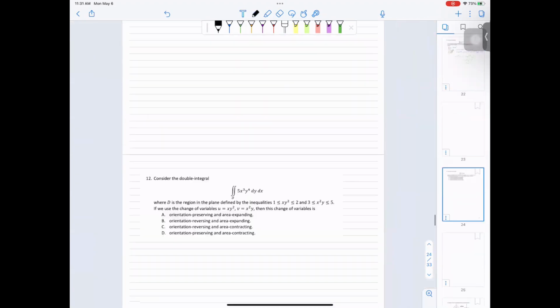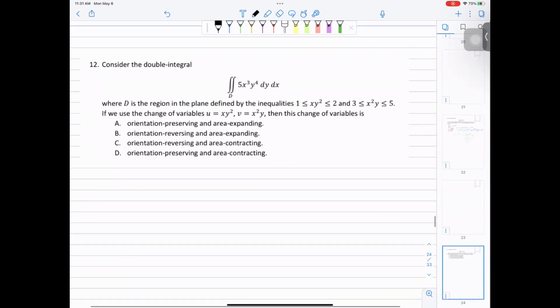Okay, let's go to 12. Consider the double integral where D is that region. Then this change of variables is what? So orientation preserving. When you see orientation preserving or sign, positive, negative stuff, think determinant.